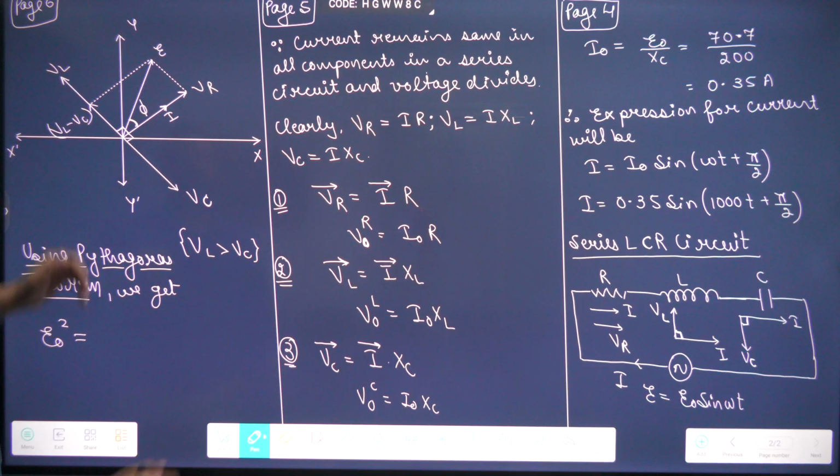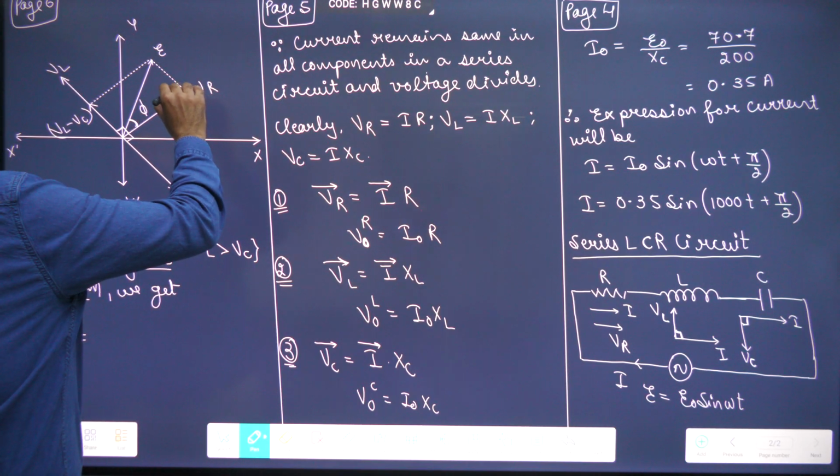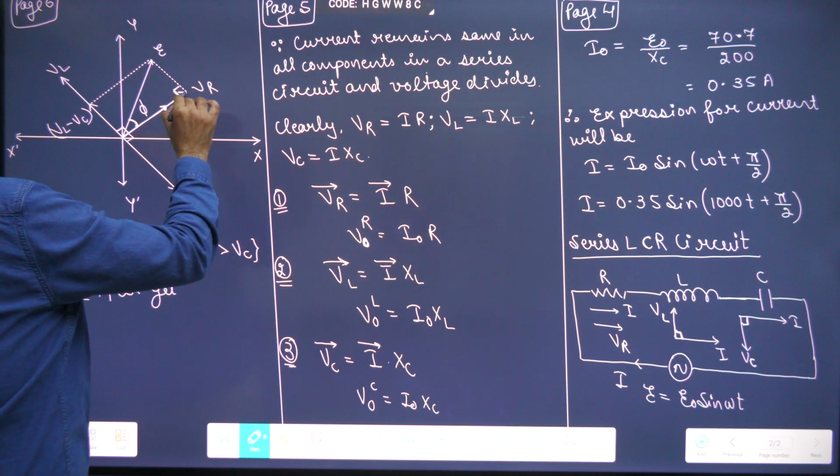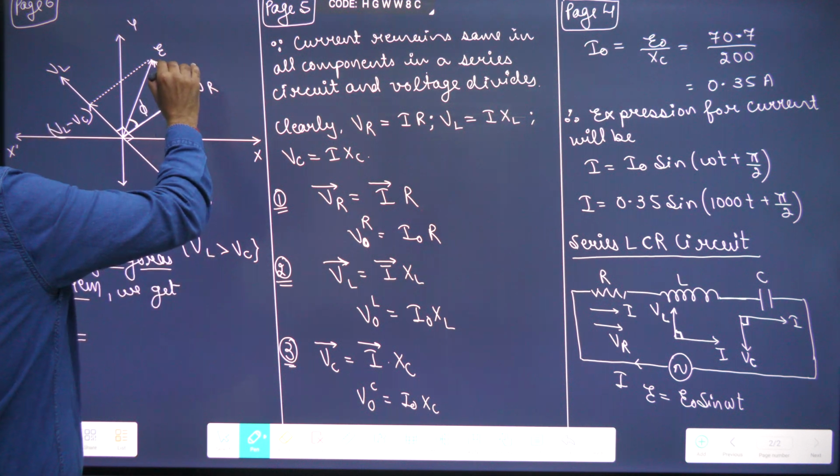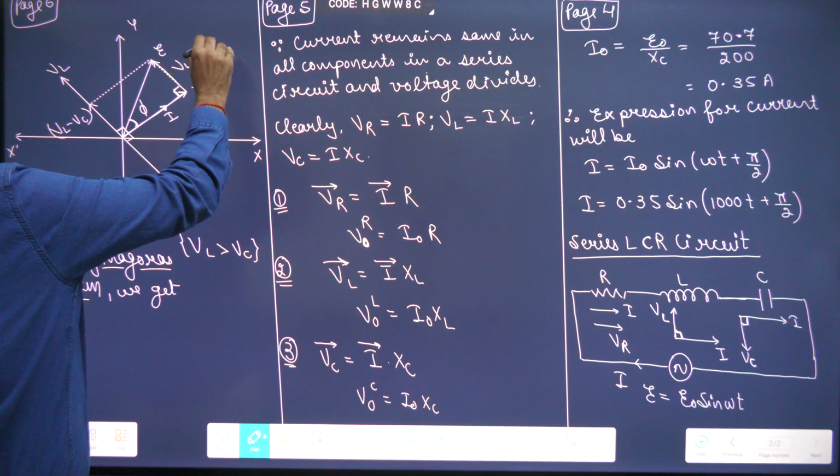Using Pythagoras theorem, the angle here is 90 degrees. This is VR, and this is VL minus VC. So I can write it like this: VL minus VC.